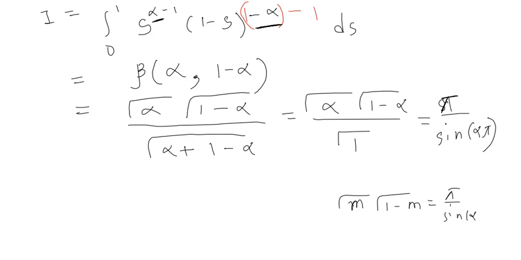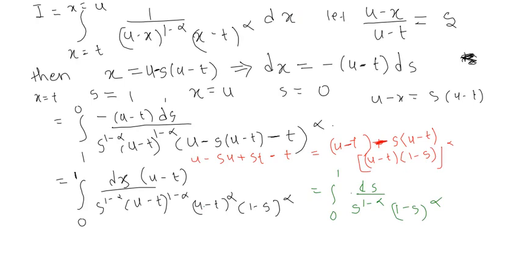So there is this identity, you can go back and check, you have already studied this. Therefore this quantity will become equal to pi divided by sine alpha pi. Now what do we have from this?